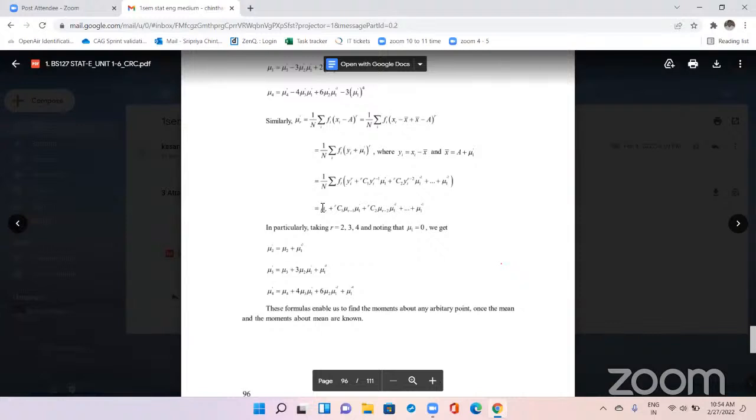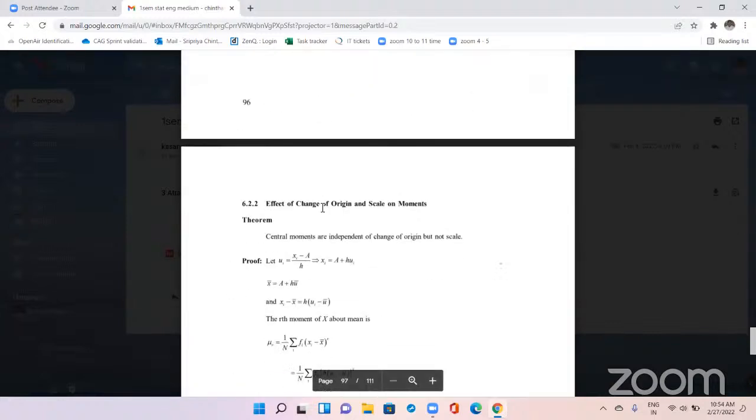This is a very important question coming in university examination papers. Define central and non-central moments and derive the relation between central to non-central moments. Without this question, there is no question paper in first semester statistics.